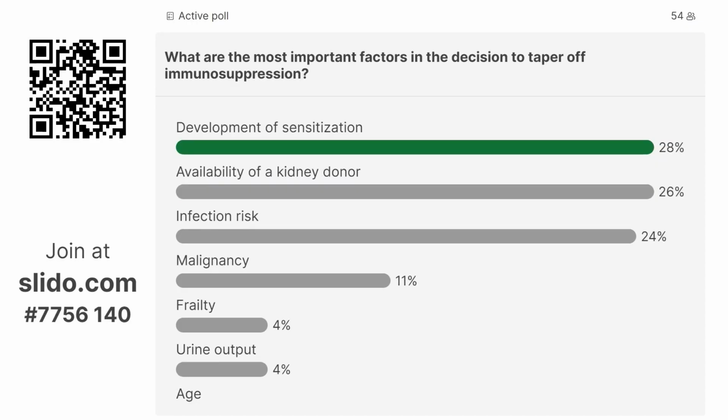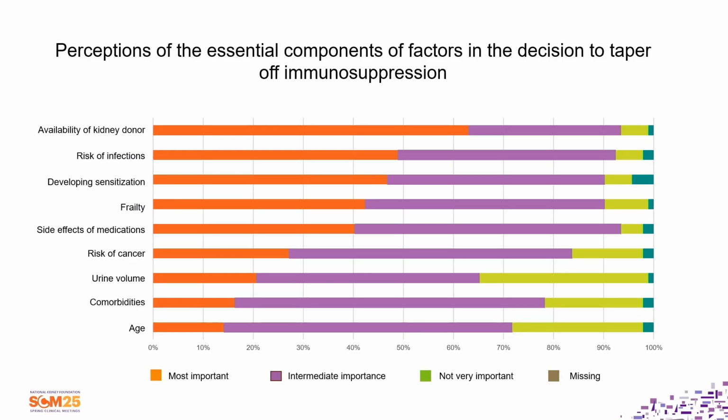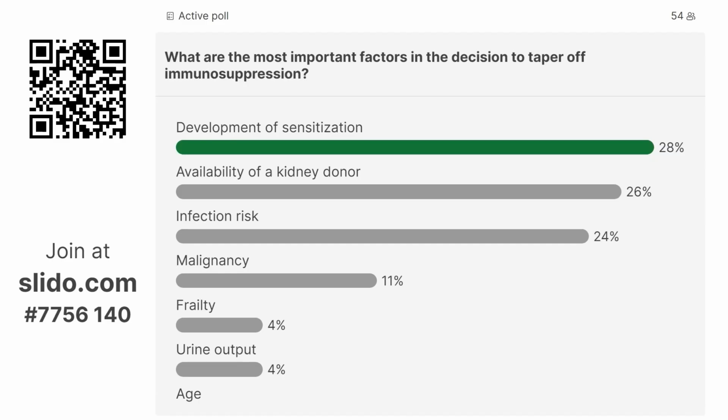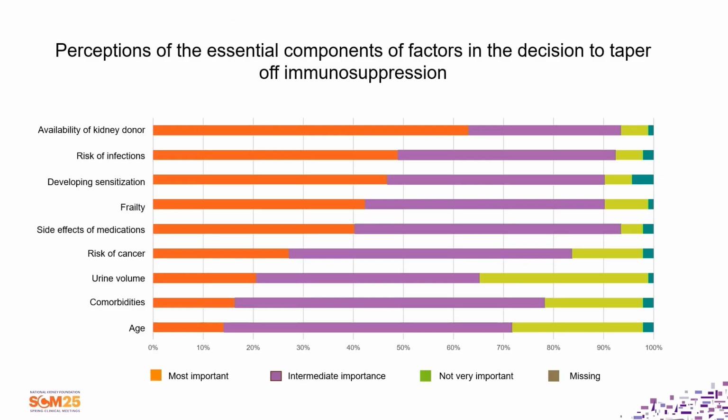All right, I'm going to show the next slide. Very similar. Can we go back to it? Yes. So the top 3 were sensitization, availability of a donor, and infection risk, very similar to the general population we surveyed.